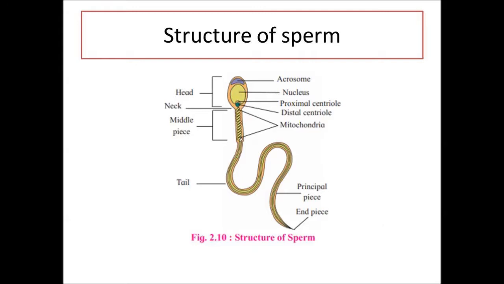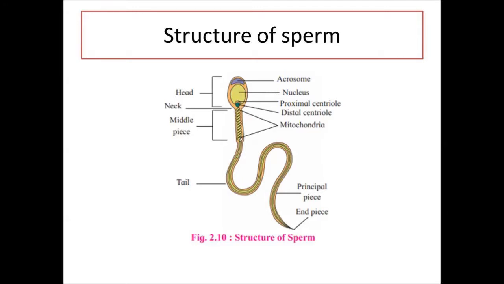These are hyaluronidase and proteolytic enzymes like zona lysins and corona penetrating enzymes. Second part, neck. It is a very short region having two centrioles, the proximal centriole and the distal centriole.